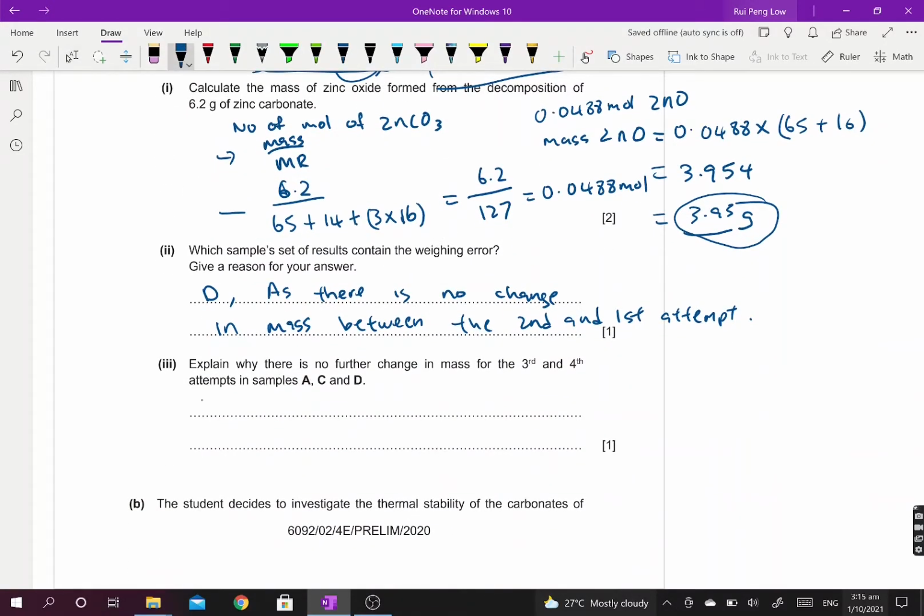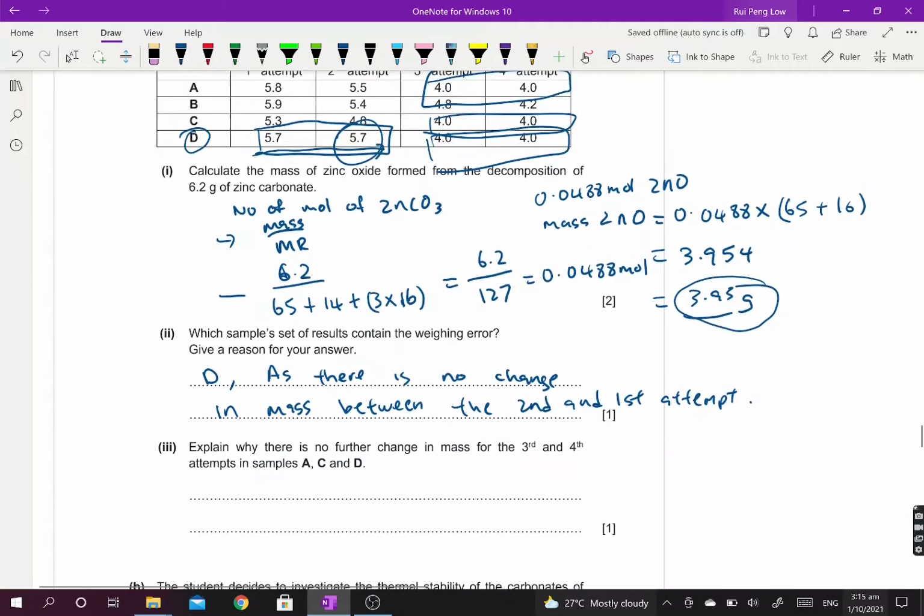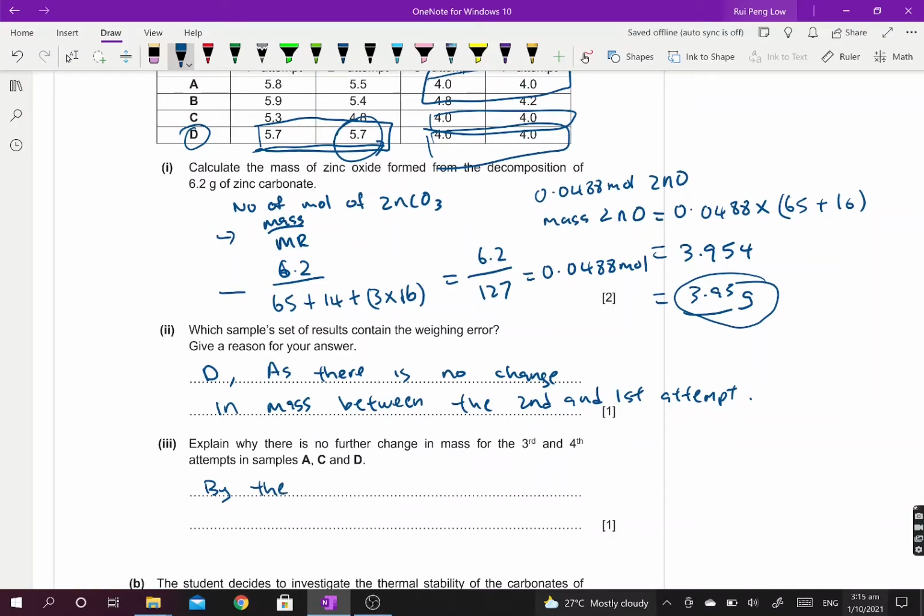Is because by the third attempt, by the second attempt, okay, all the zinc carbonate has already been fully decomposed.